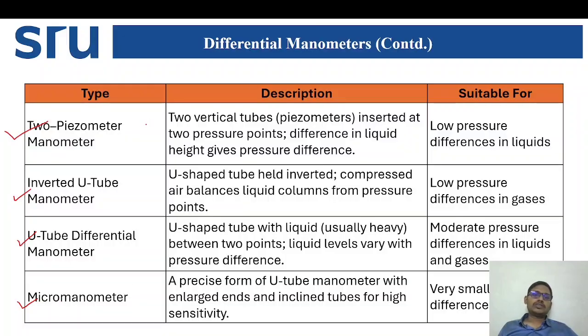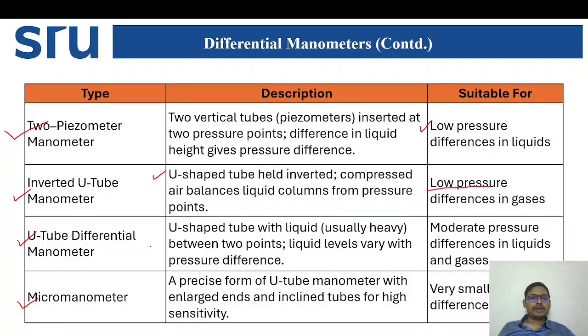The two piezometer type has two vertical tubes, that is nothing but piezometers, inserted at two pressure points. The difference in liquid height gives the pressure difference. That is suitable for low pressure differences in liquids. The inverted U-tube is also suitable for low pressure differences in gases, where a U-shaped tube is held inverted and compressed air balances the liquid columns from the pressure points.